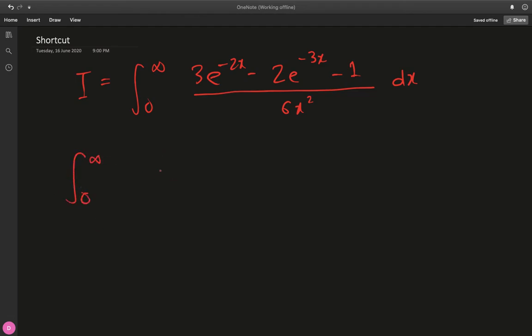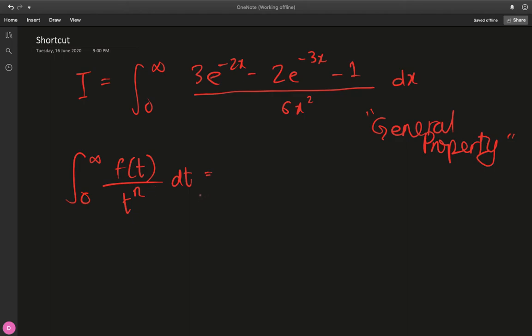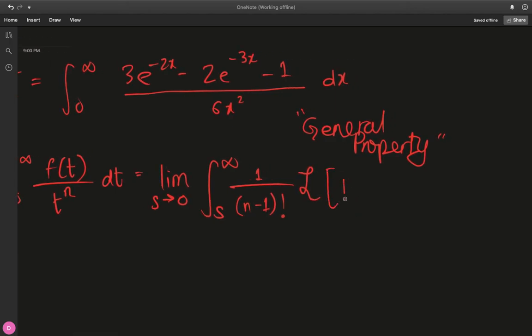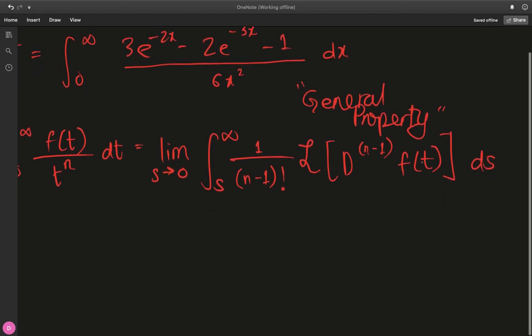So there's another general theorem, a general property of Laplace transforms to deal with integrals of the form, say, of some function of t divided by t to the n dt, and provided that this obviously converges, is basically equal to the limit as s tends to 0 of integral from s to infinity of 1 over n minus 1 factorial times the Laplace transform of the n minus 1th derivative of f of t with respect to s, because Laplace transform of t we can assume will give a function of s.